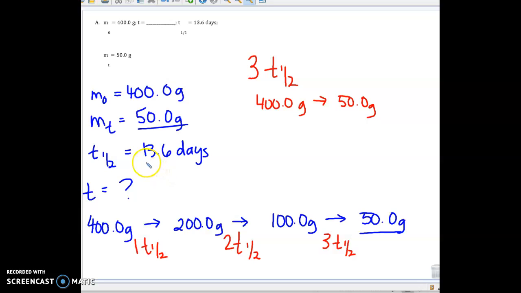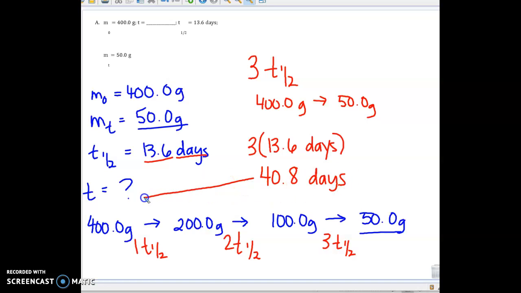They told me that a half-life is 13.6 days. So I'm going to say 3 times 13.6 days, and that gives me 40.8 days. So that's going to be my answer, my amount of time. Because after one half-life, after 13.6 days, I had 200 grams left.